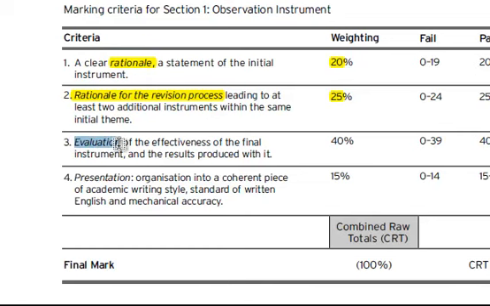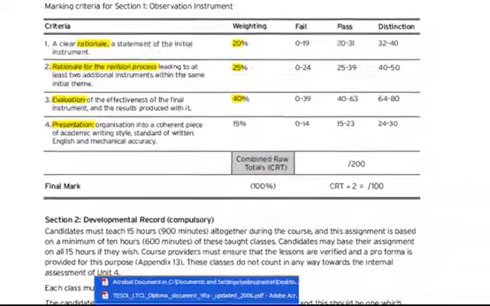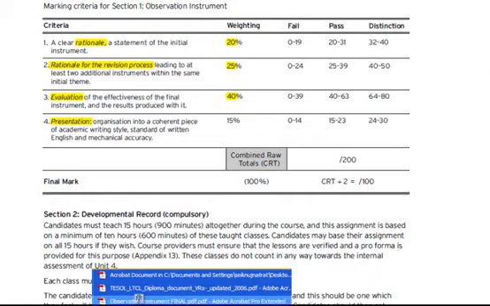And the final evaluation, 40%. And you also get 15 for presentation. So for those three sections I showed you, you actually get 85%. So bear this in mind as you're doing your projects.